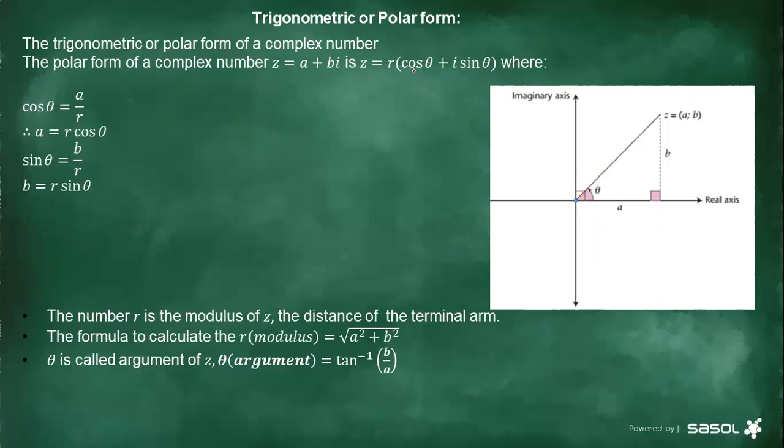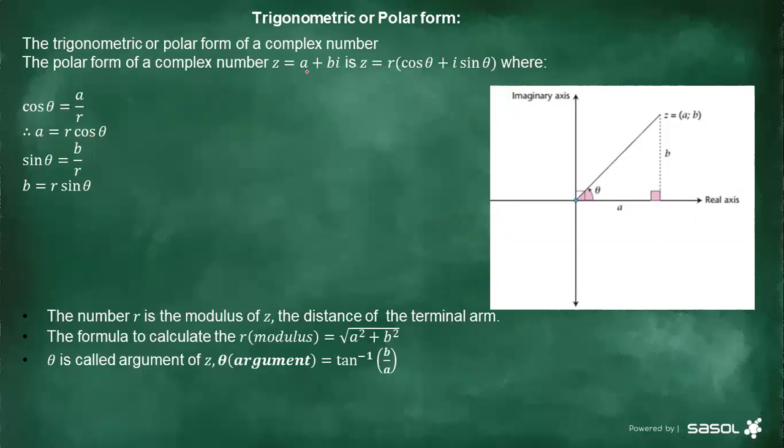And then of course r times cos theta plus i sin theta, where from the trig ratios we have cos theta equals a over r. And then if you make a the subject of the formula, you're going to have a equals r cos theta.